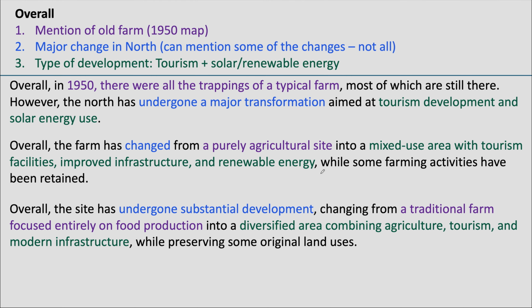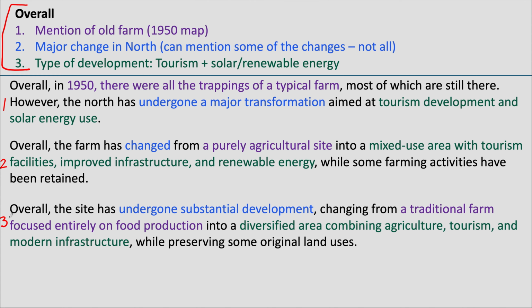Now, let's move on to the overview. The overview is a summary of the main changes. We don't mention details here. On the screen, you can see the main points from the plan. Below that, you can see three different ways to write the overview. The first version is simpler.